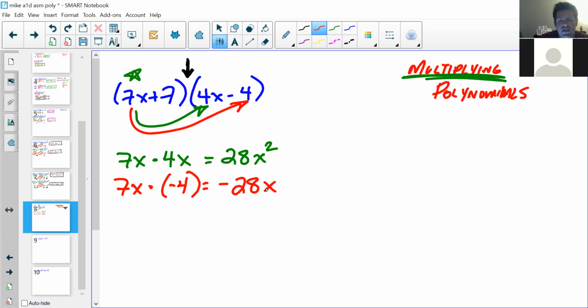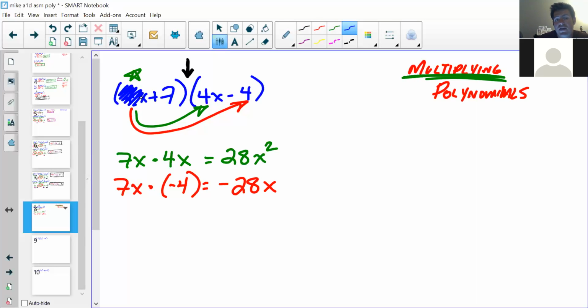I have 7x times negative 4, that would give me negative 28x. I've distributed everything I could distribute from this 7x over here in the second set of parentheses. I've already done that, so I'm going to scratch it out just to remind myself that I've used up the 7x as much as possible. I've distributed all I could.